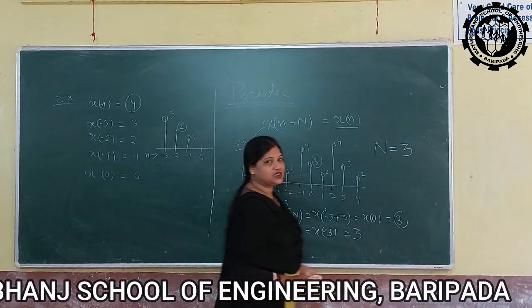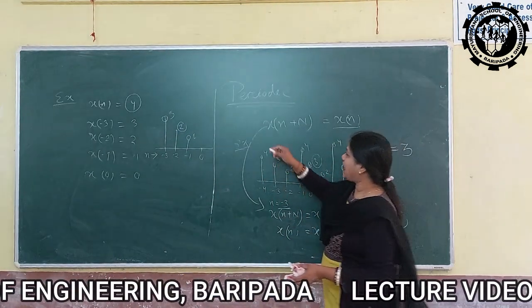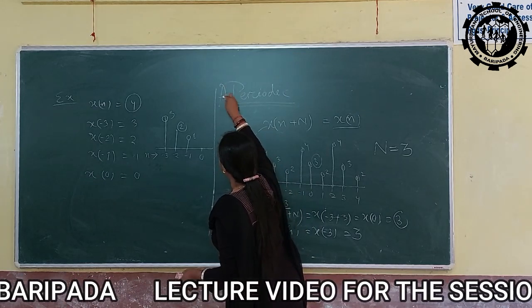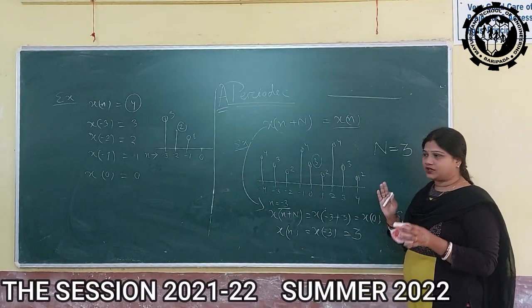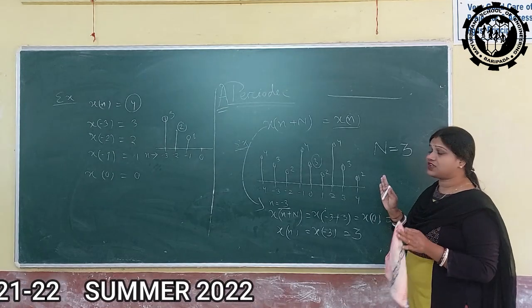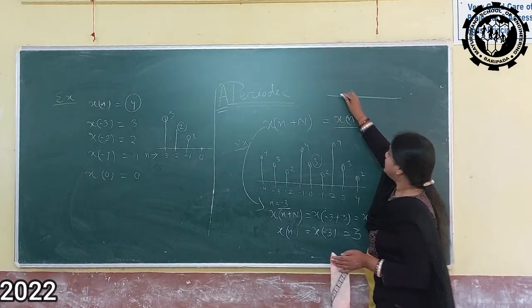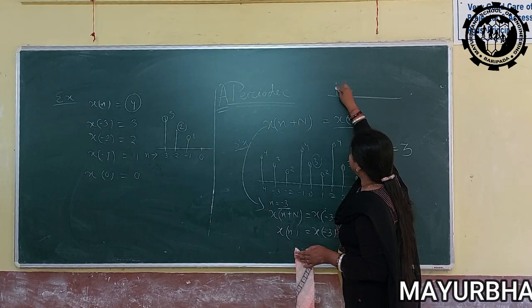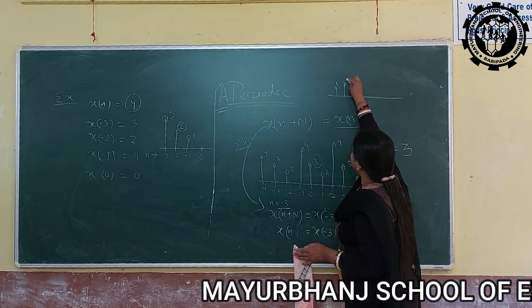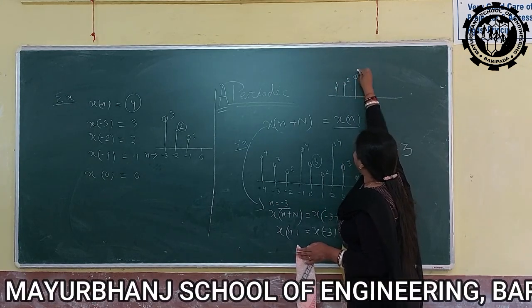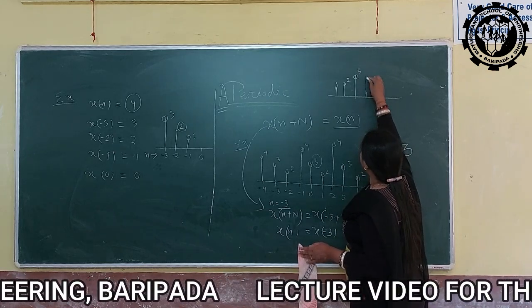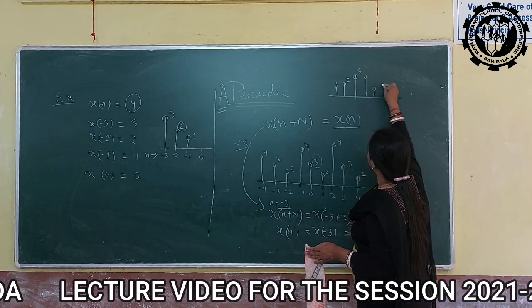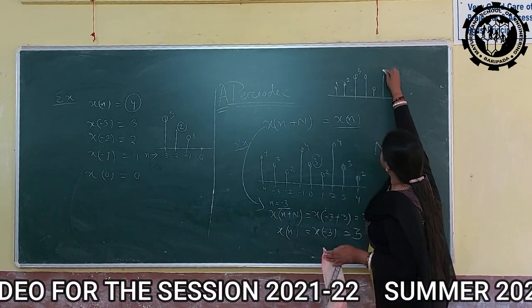What is an aperiodic signal? Otherwise it is an aperiodic signal. In an aperiodic signal, the example is that it never continues a constant sequence. That means like 1, 2, 3, then again it is 3, then again it is 1, again it is 4.